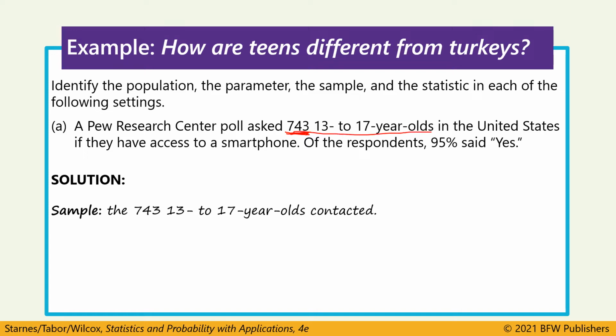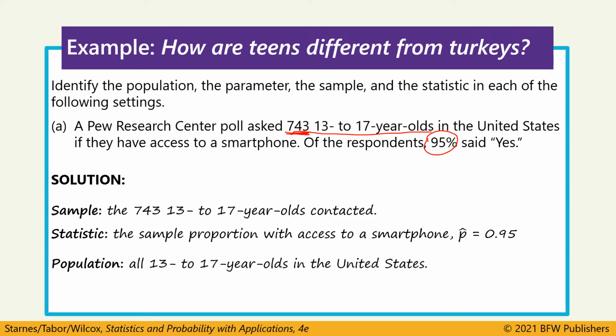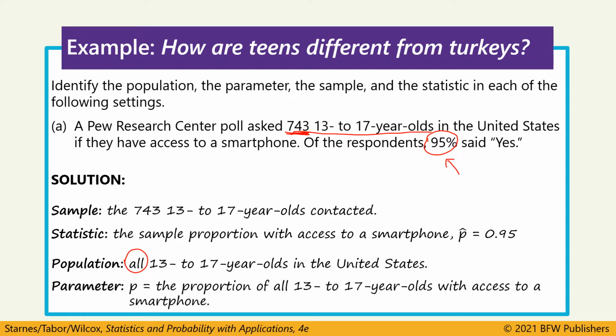That's the sample. The statistic is the value that came from that sample. Of those 743, 95% said, yes, I have access to a smartphone. Now that value is representing the population of all 13 to 17-year-olds in the United States, and that 95% is estimating the parameter, which is the true proportion of all these 13 to 17-year-olds in the US that have access to a smartphone.